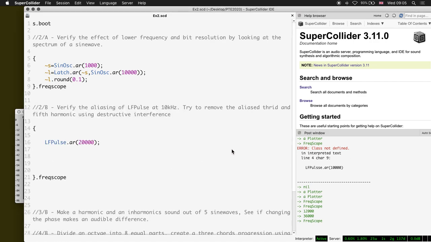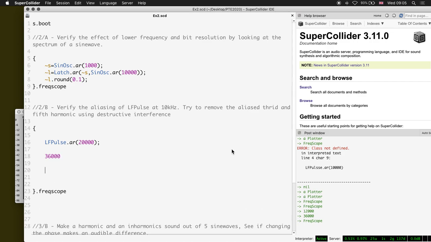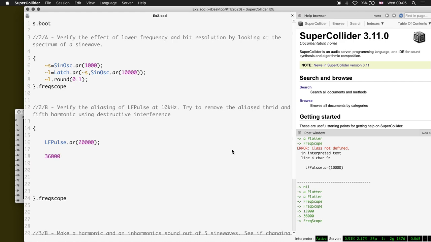One is 36,000, and then the fifth harmonic should be 5 times 20,000. Okay, so that's 100,000. So, and then minus 48,000 is 52,000. Okay, so that's way above.